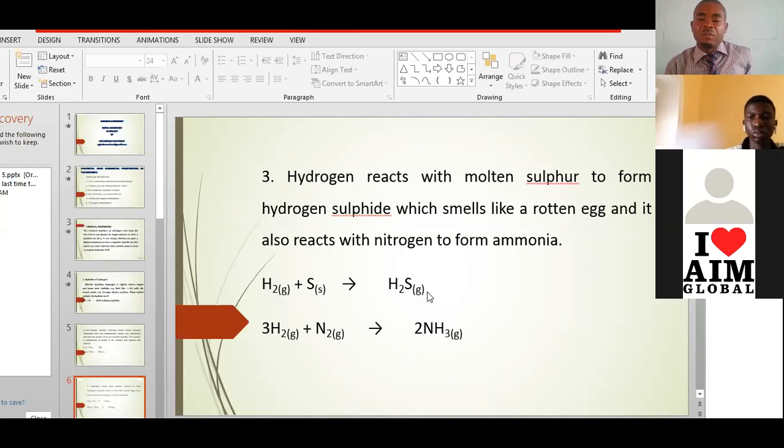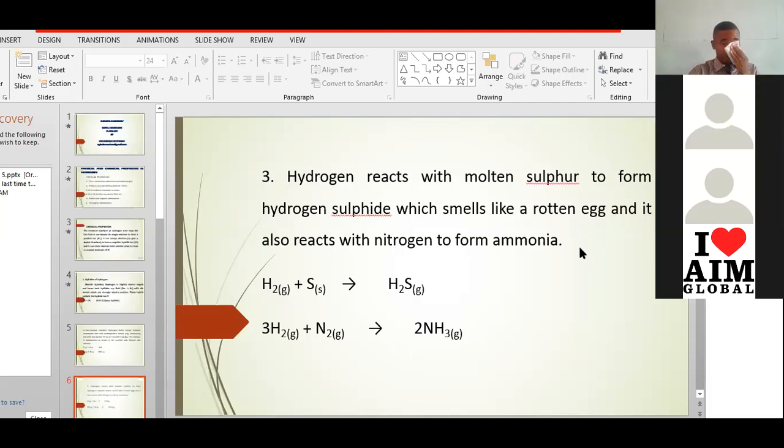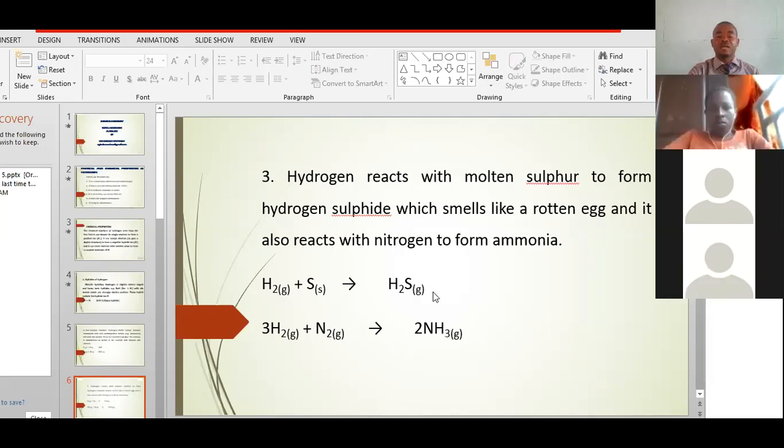If you come to the laboratory, we'll demonstrate this so that you will see it practically. In practical terms, we use hydrogen sulfide to carry out most of the laboratory tests. Do you understand? Then number 2.